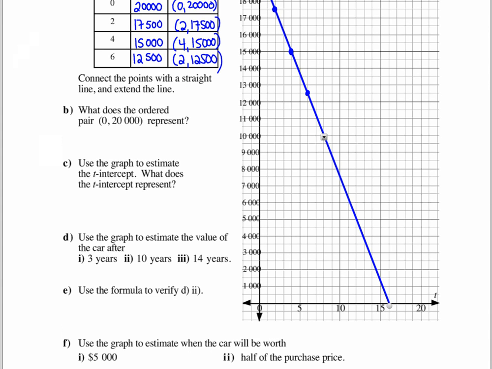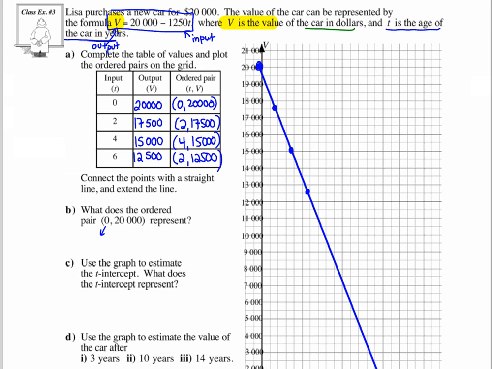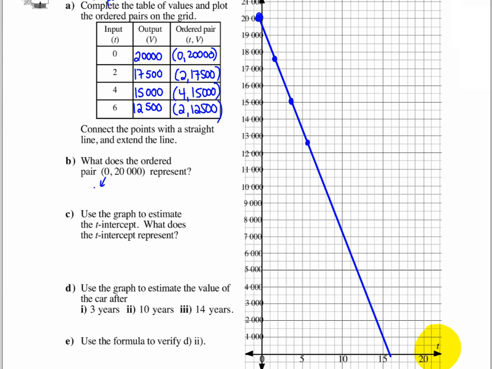Okay, so let's talk about what 0, 20,000 represents. Remember, what is my x variable here? Instead of x, what did we use? Time, right? Down here. Or looking at our chart, our equation, the input. Time was our x, and what was our y?